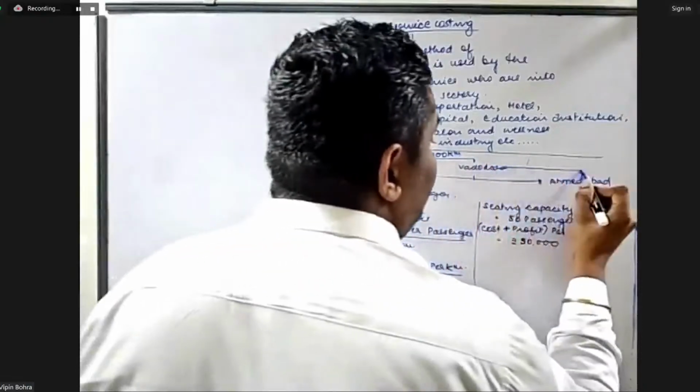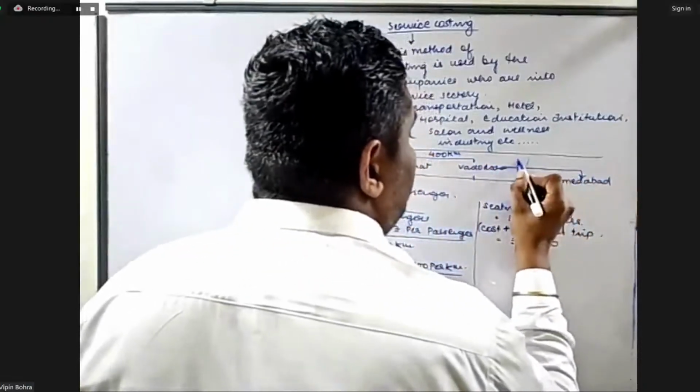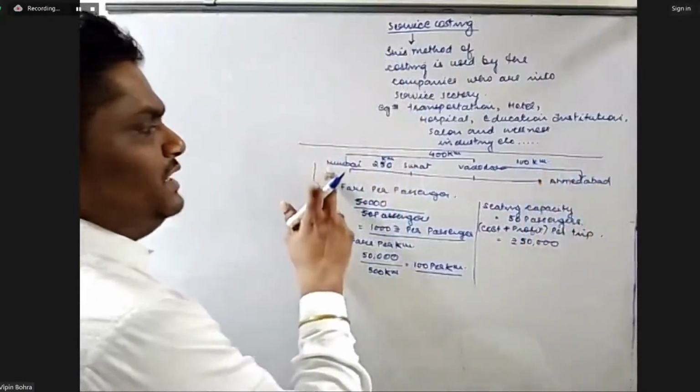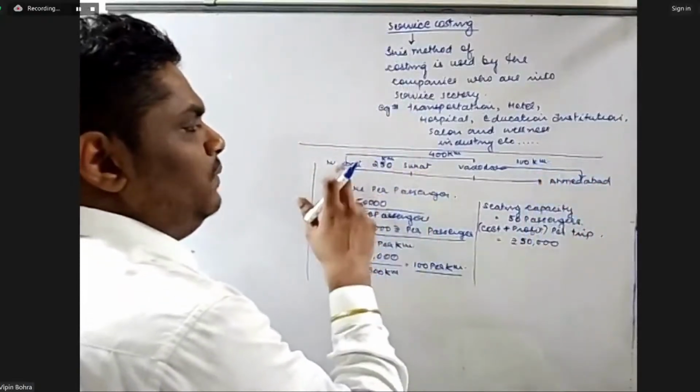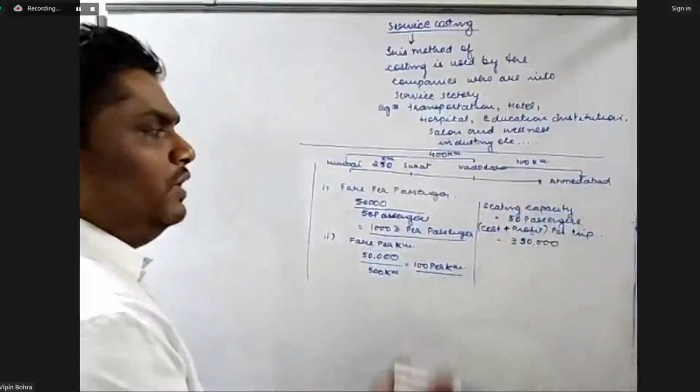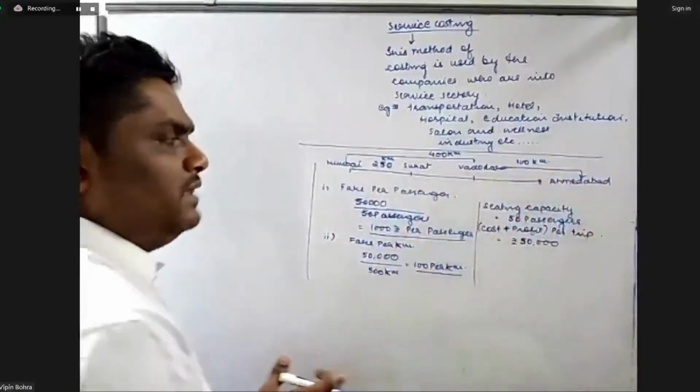And from Vadodara to Ahmedabad is remaining 100 kilometers. So distance from Mumbai to Surat is 250 kilometers. Mumbai to Vadodara it is 400 kilometers, and Vadodara to Ahmedabad it will be balance 100 kilometers.